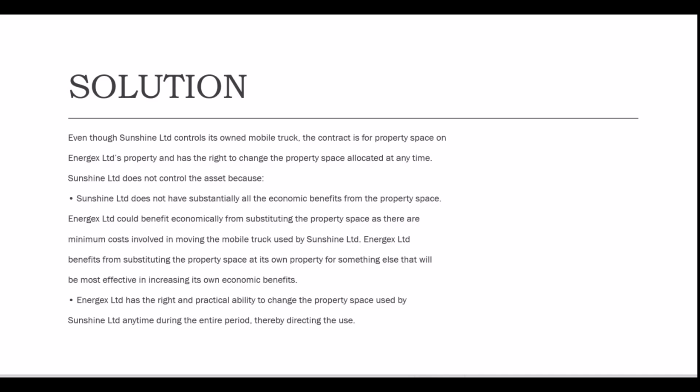I'm directing the use because I want to be able to obtain benefit, and I want to be able to restrict other people from benefiting from it. If I'm not able to restrict other people, and the lessor can also benefit from it, then I don't have the right of control, which means it doesn't comply with the definition.